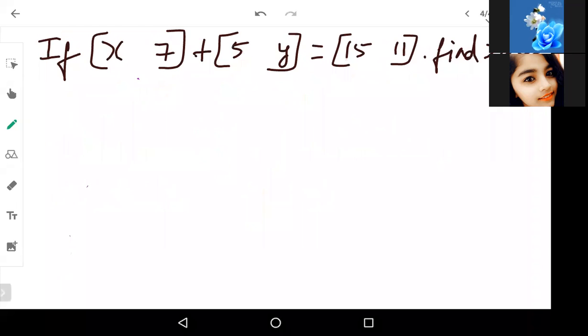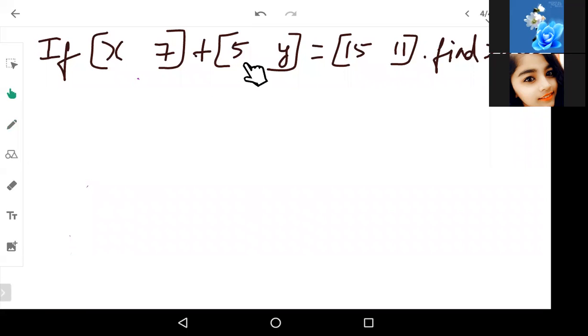Okay, now moving on to the next problem. Here also we will be using equality of matrix, but then we have addition being added here. So in addition, what will happen is we will be adding up the corresponding values. Corresponding values means, see, you have X here and then you have 5 here.